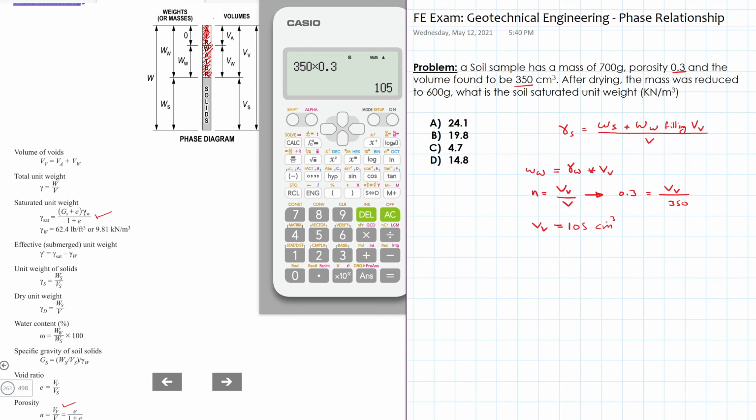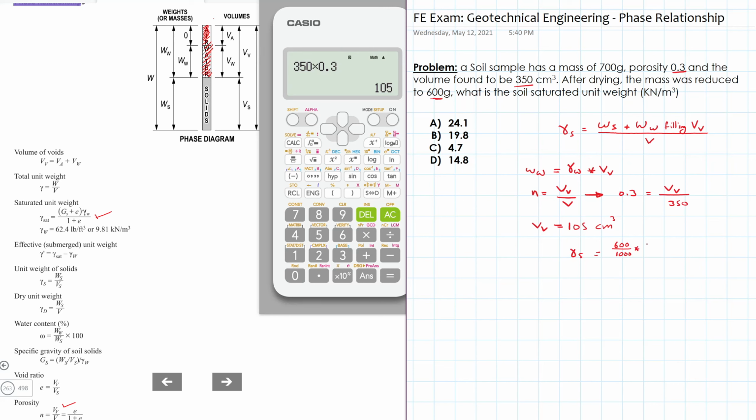Okay. So gamma saturated equals the weight of solids. We have the mass of solids, so the weight of solids equals our mass, which is 600 gram. We divide it by 1000 to be in the units of kilogram.